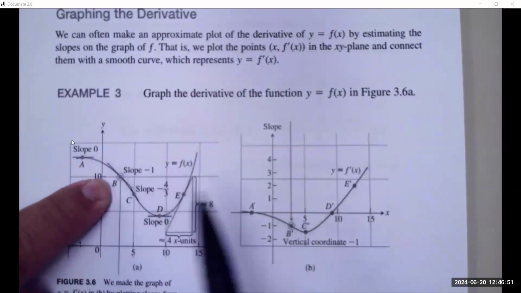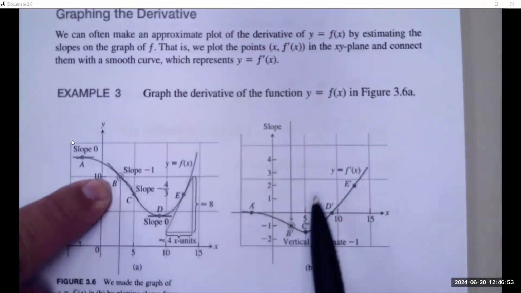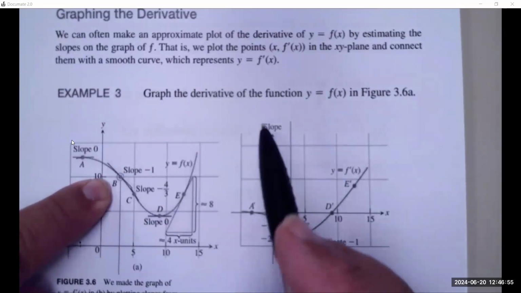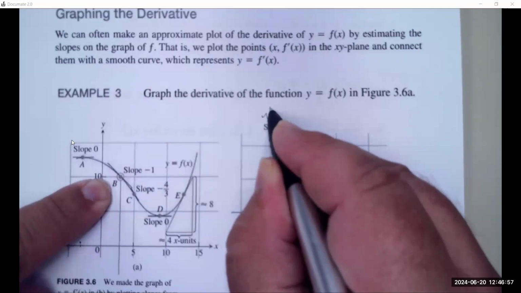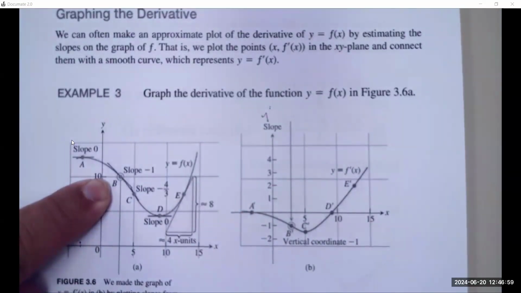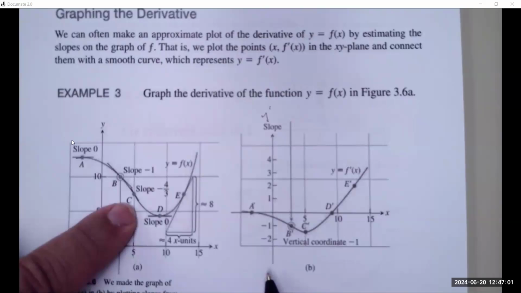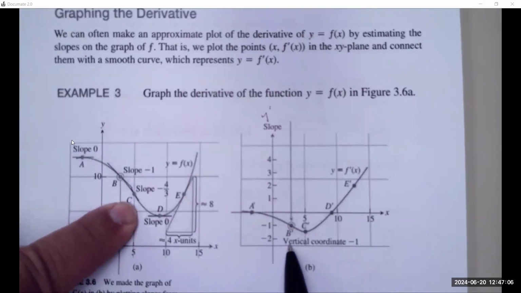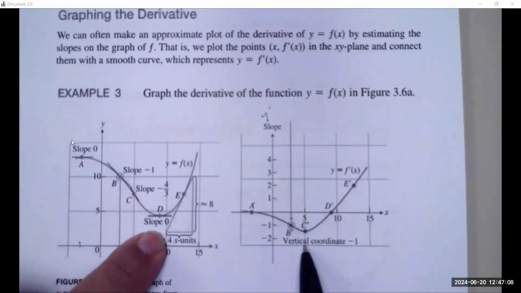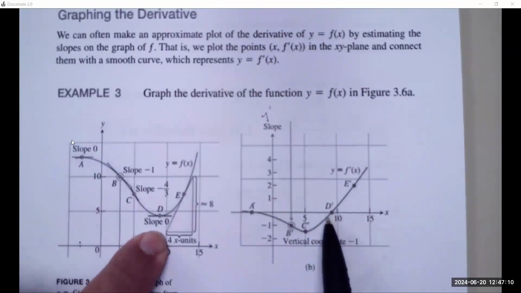When the slope at b goes to -1, it drops down, because this is the y prime part. The slope of this one is -4/3, which is -1/3. It will go on further. That's 0. It goes back to 0.